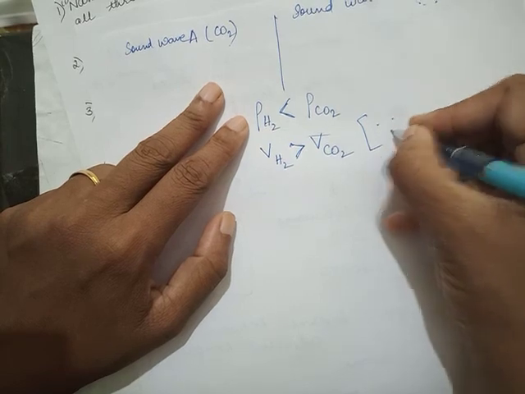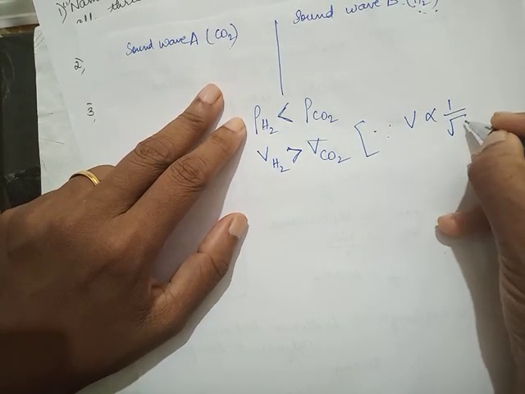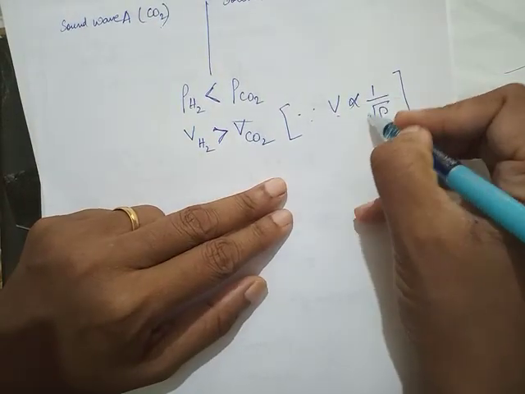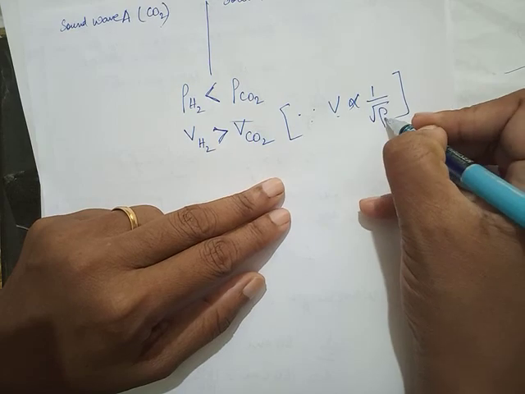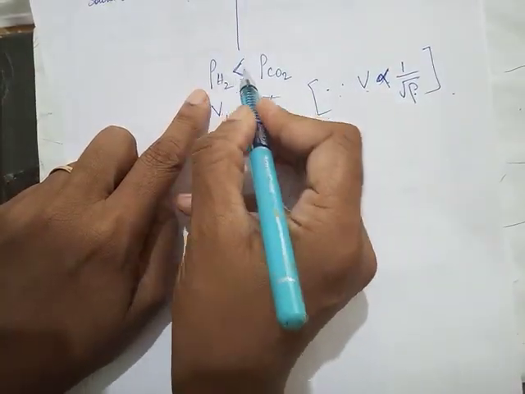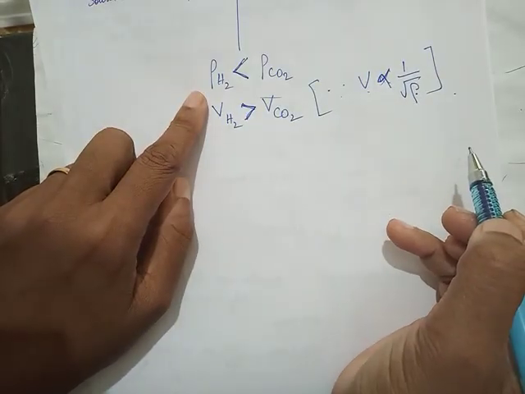Why? Because V is inversely proportional to the square root of density. The speed of sound is inversely proportional to the root of density. That's why you get this inverse relationship. So here it is less than and here it is greater than.